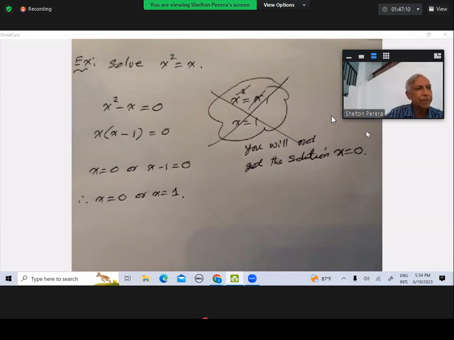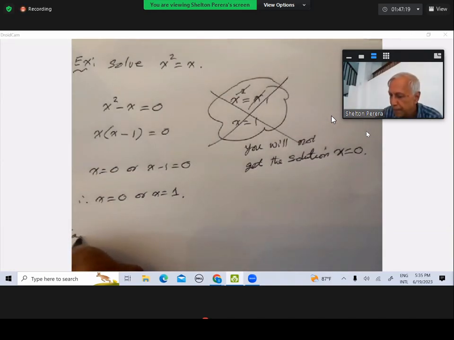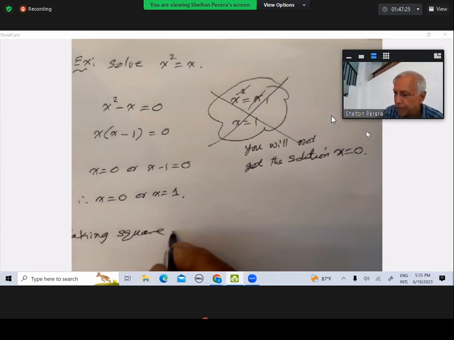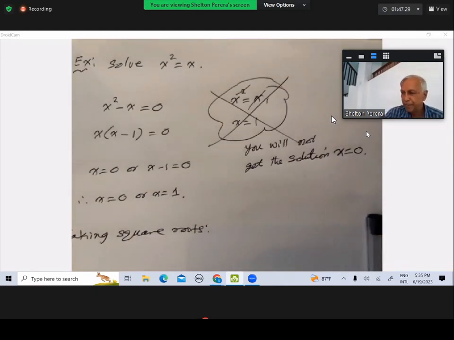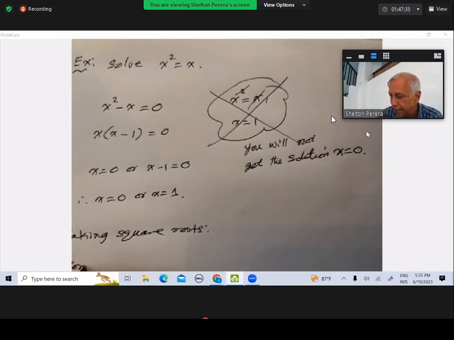So first method for solving quadratic equations is the factoring method, then taking square roots. Let me go to the note and show you that. And then there is another method, completing the square.